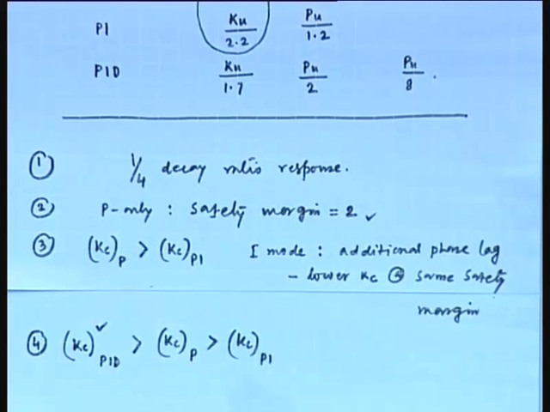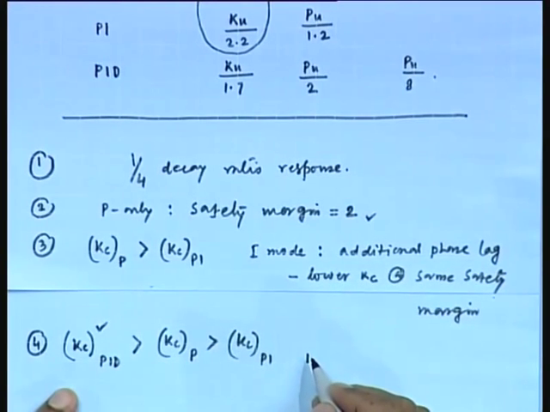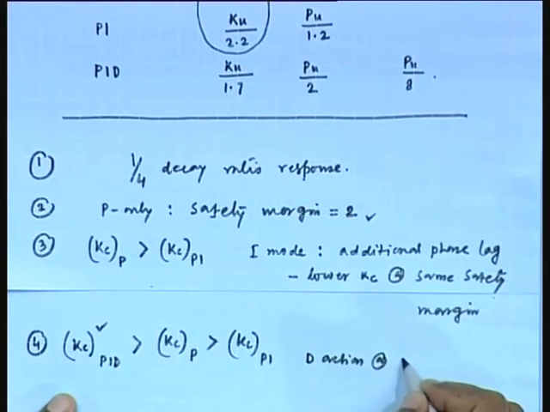because the derivative action introduces phase lead with stabilizing effect on the system. For PID controller, we consider large Kc value because derivative action introduces additional phase lead.